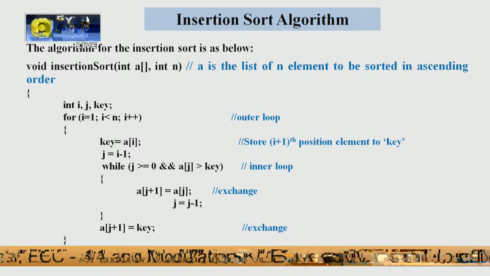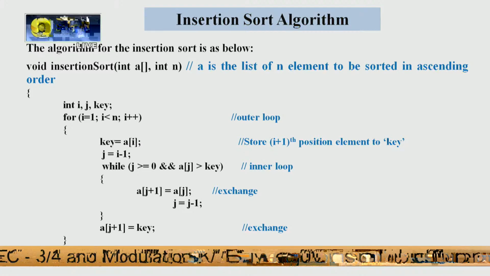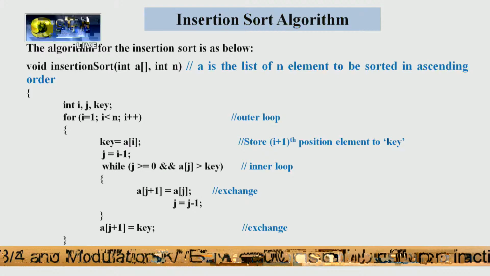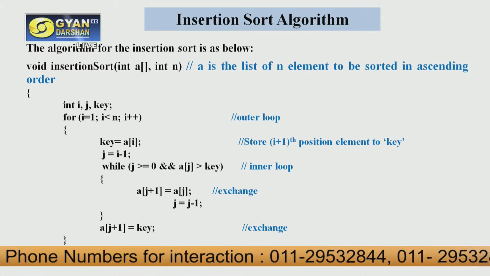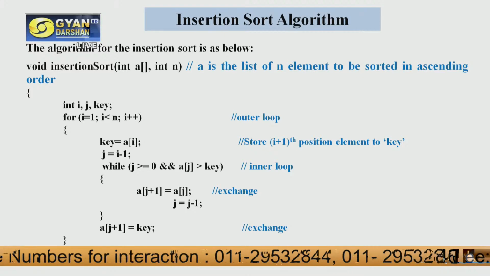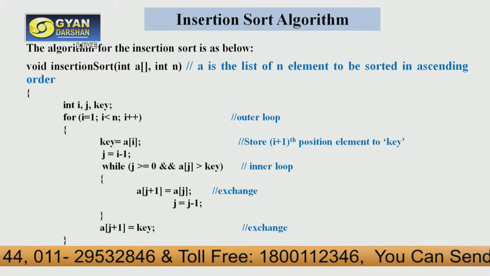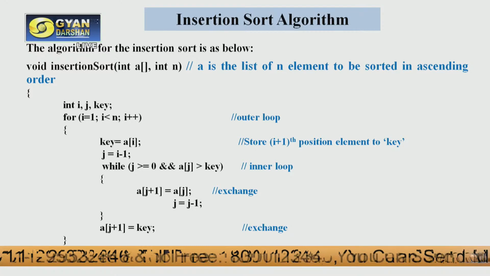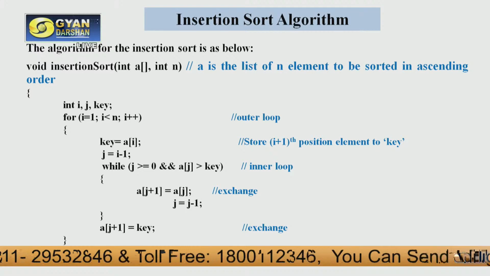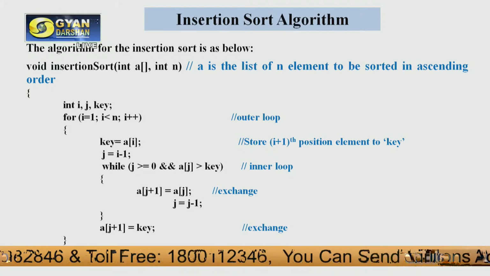Then we declare variables which we require during the insertion sort algorithm. We use two loops, so for that we have declared two variables i and j, and we have used a temporary variable key. Key basically in the beginning will store the first item, and in the next iteration it will contain the second item, and so on.